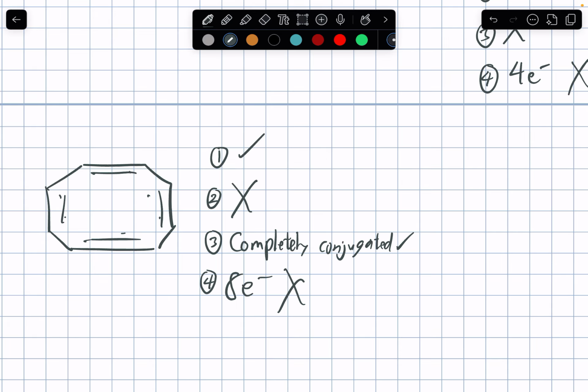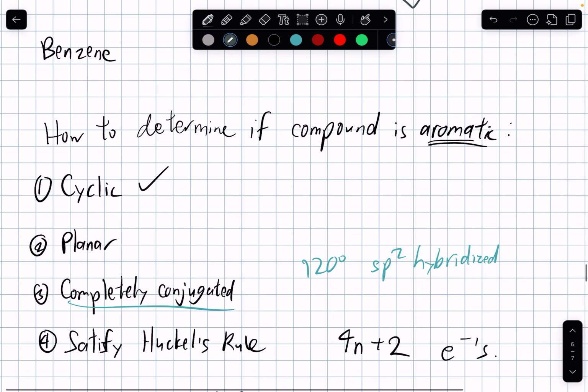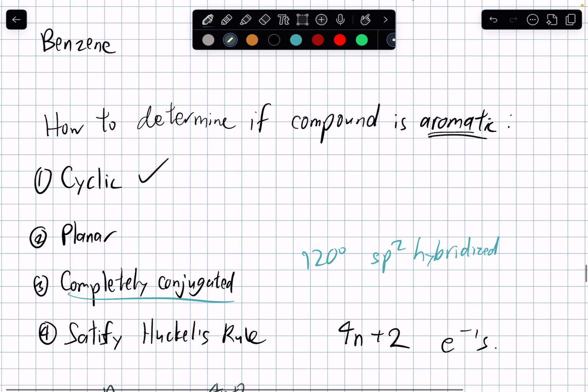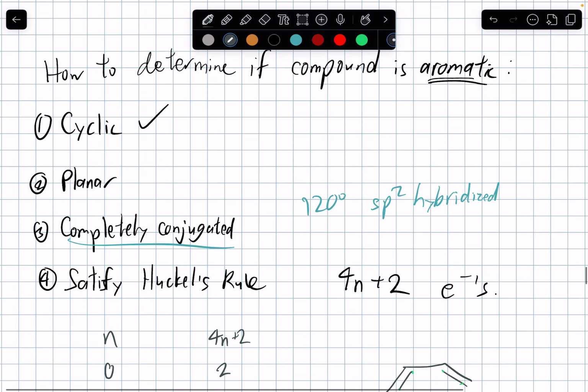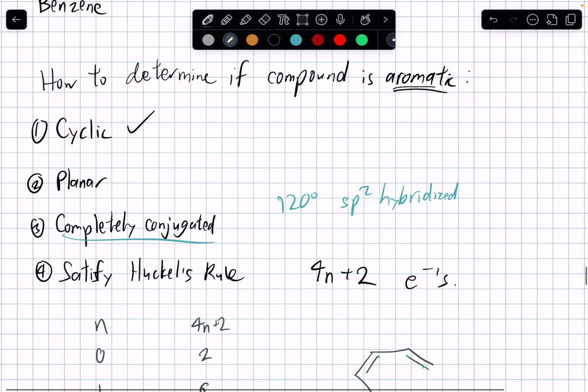So it does follow all the requirements here, only that the rule it follows for number 4, the number of electrons has to be 4 or a multiple of 4. So 4, 8, 12, 16, 20, so forth. So yeah, that's the only difference between aromatic and anti-aromatic. If it's not aromatic, obviously, it is anti-aromatic if one of these requirements are not fulfilled. As simple as that.